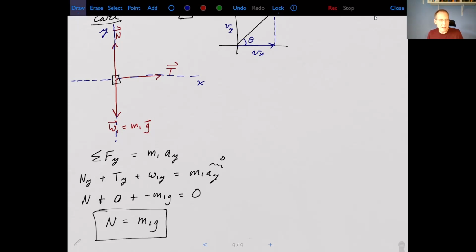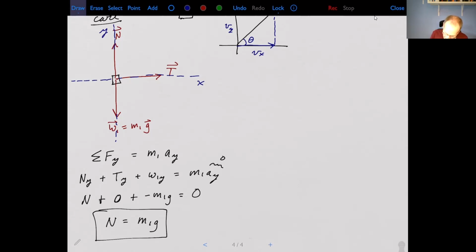So that's correct, right? In this case, the normal force is just equal to the weight of that cart. This would be very useful if we had friction, because friction depends on a normal force. But since we don't have friction, this is not so useful in today's example. But I'll leave it there. It's a correct equation. Normal force is equal to the weight of the cart.